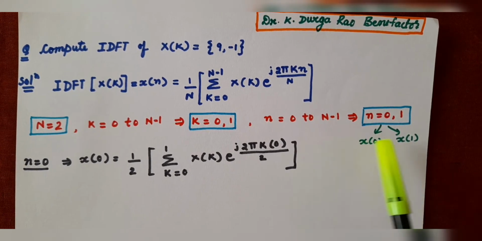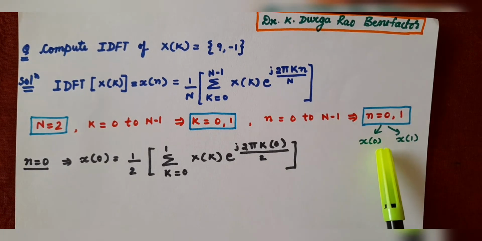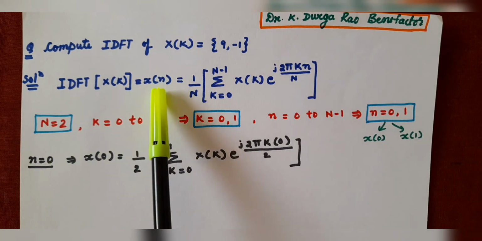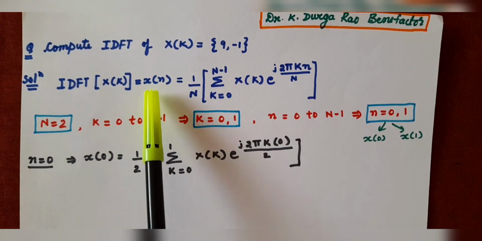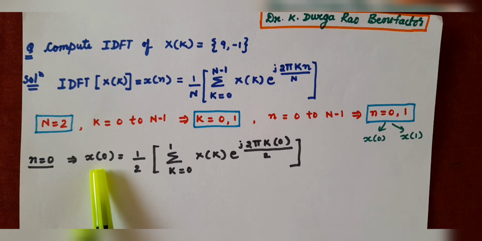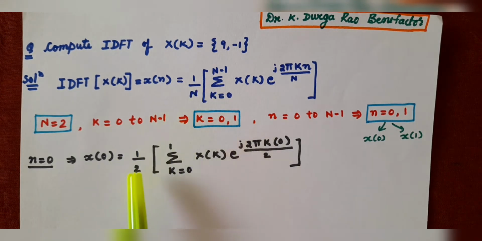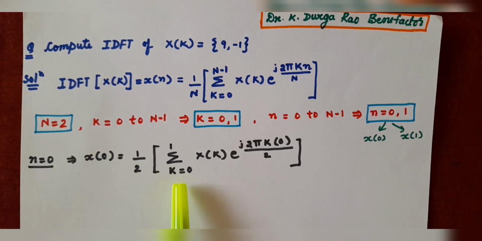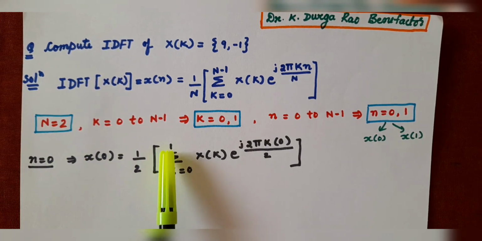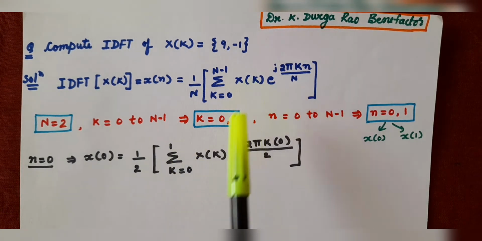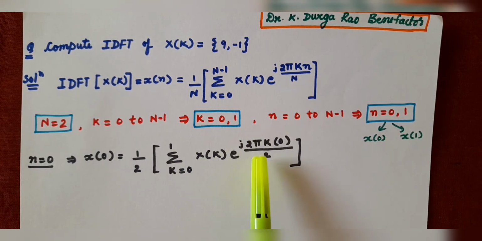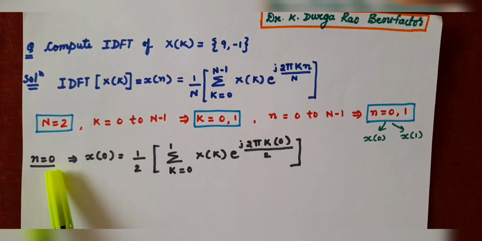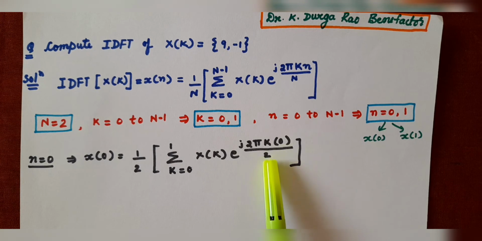So, let us start first with x of 0. X of 0 means when n is equal to 0. I have written it here: x of 0 is equal to 1 by capital N, capital N is 2, so 1 by 2 summation k is equal to 0 to n minus 1, so 0 to 1, capital X of k e to the power j 2 pi k n, where n is 0 by 2.